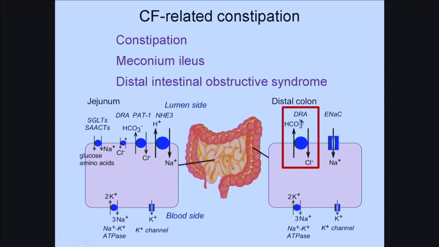So we used something called DRA. It's a chloride-bicarbonate exchanger in the colon, which normally absorbs fluid from the colon. And the rationale is that by inhibiting the fluid absorption, we could treat constipation.